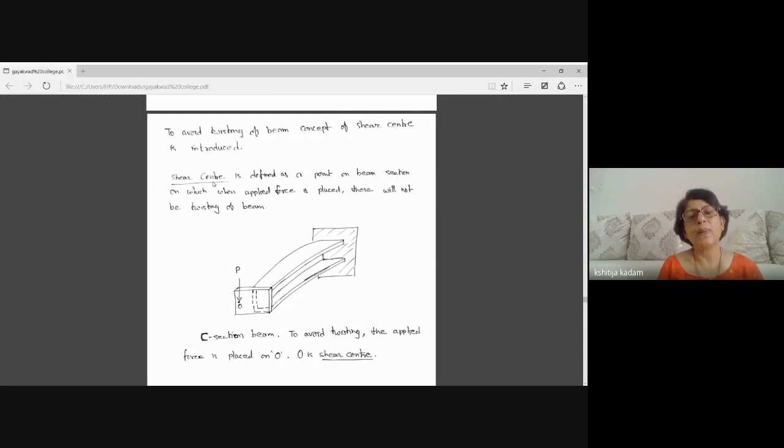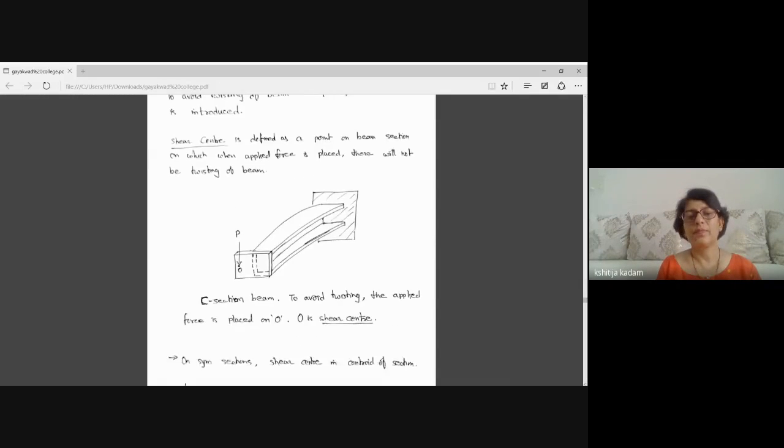Let's see the definition of shear center. It is defined as a point on the beam section on which, when the applied force is placed, there will not be twisting in the beam. So this is the concept of shear center.